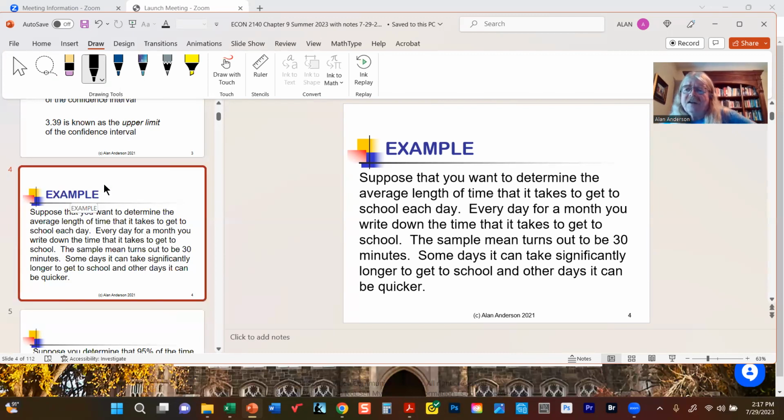Some days you just drive faster. Some days you're just focused on something else and you're driving slowly. Who knows? But on average, it will be 30 minutes. The question is, what is the range of possible values for commuting time? For example, are we getting there within a couple of minutes of 30 minutes every single day, or can the variation be as much as 5 or 10 minutes on either side?